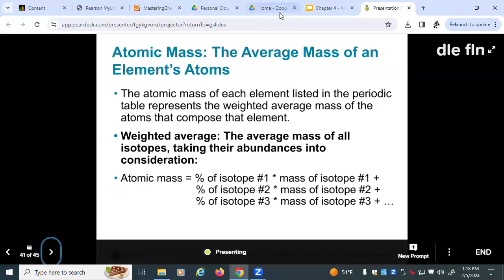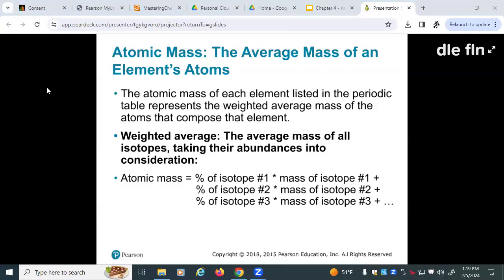Now, if you're unfamiliar with weighted averages, because there are very few opportunities where you might actually run into them, weighted averages take into consideration two factors: the mass of the isotopes themselves, and their relative abundances. So one thing about isotopes is that they are not all proportionally equal to each other in terms of their appearance.